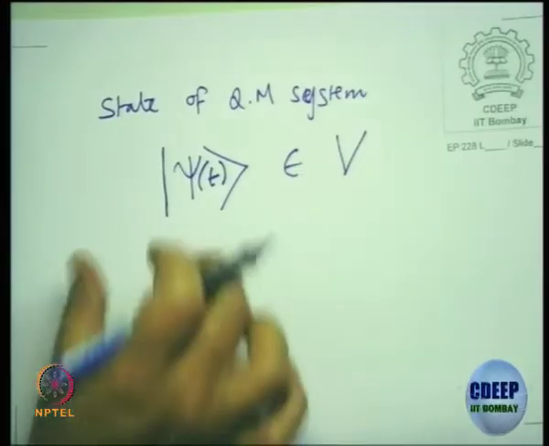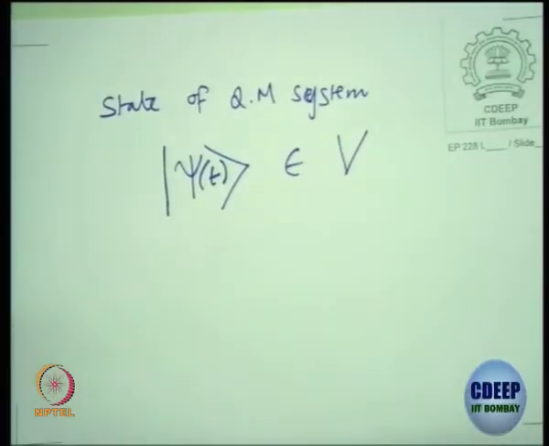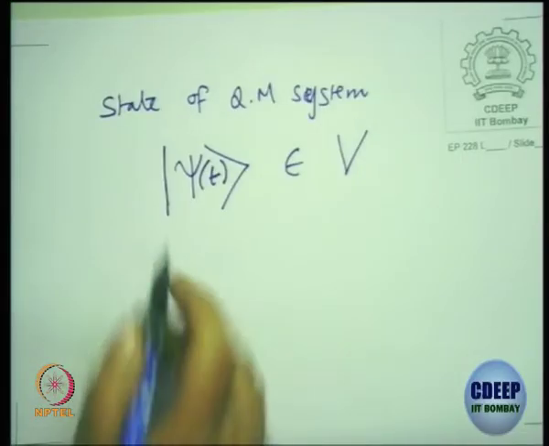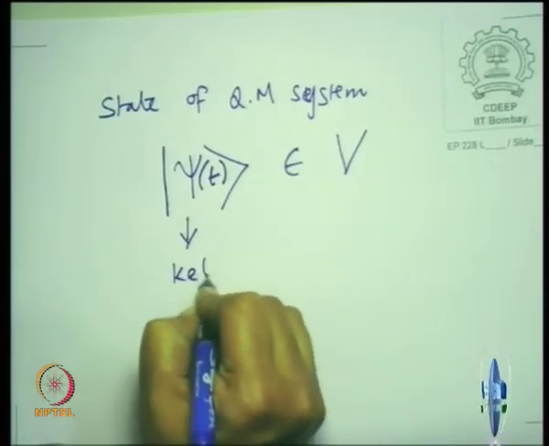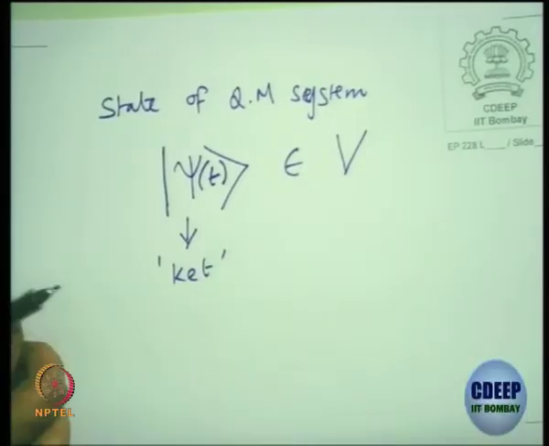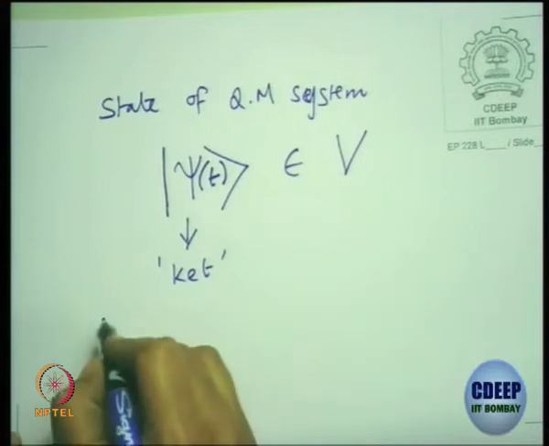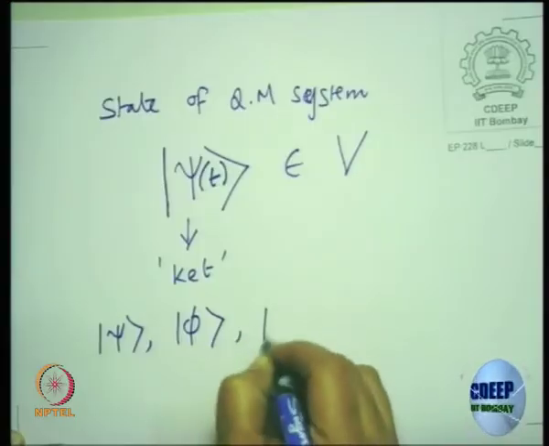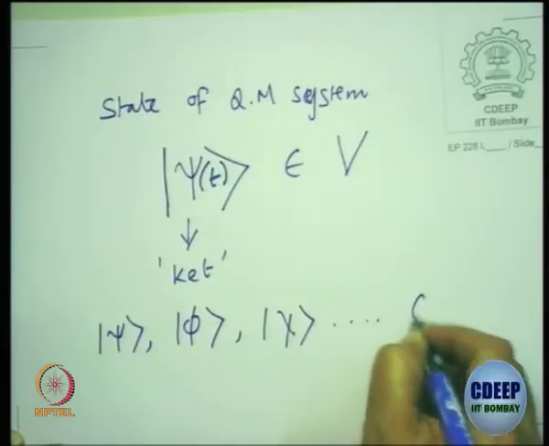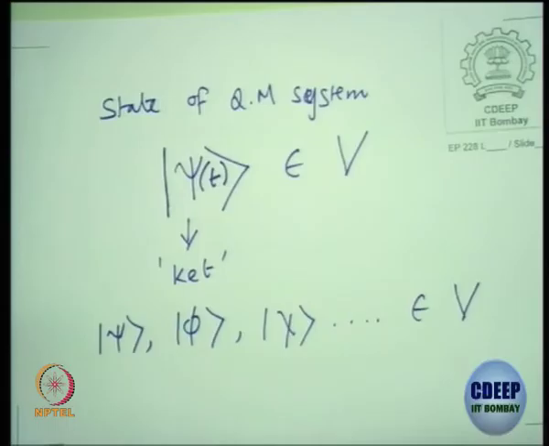Okay, so this is the notation which we are going to use, not the vector A, vector B and so on. We are going to use an abstract notation which is an angular bracket, and this angular bracket is known as ket. So you can write again in this notation, suppose the vector space, if you have psi, phi, I will suppress the time right now, chi, dot dot dot, which are elements of a vector space, then what do you have to do?